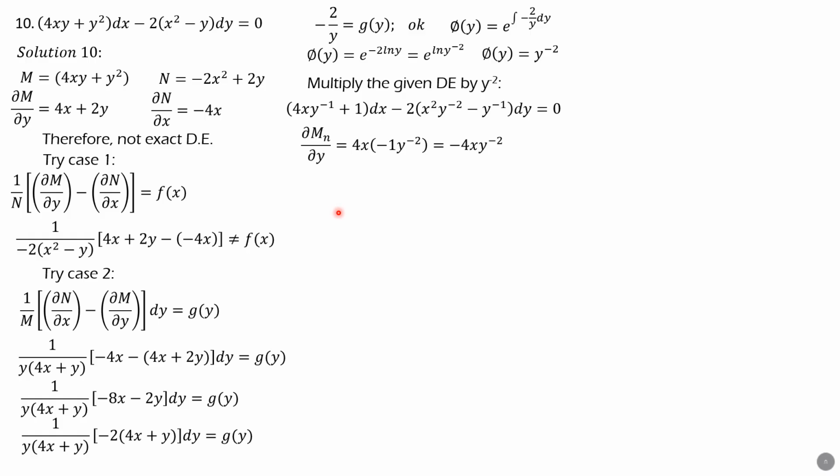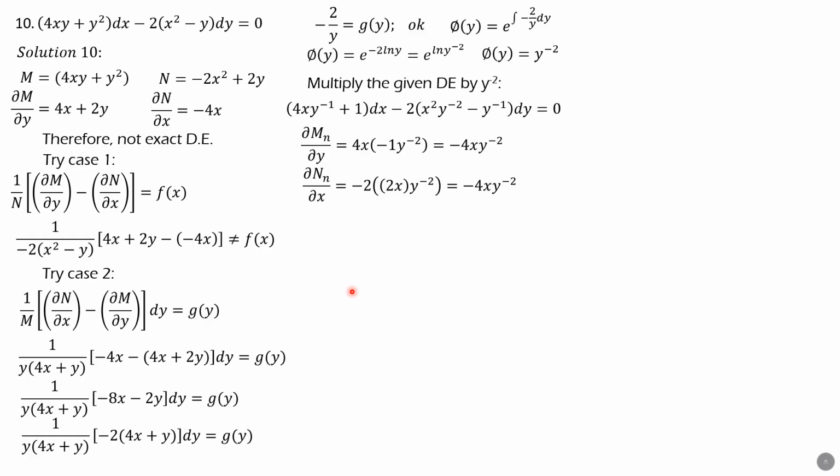Likewise, the partial derivative of N, this is the whole N, with respect to x is, copy the constants, negative 2, then 2x, because y to the negative 2 is treated as constant. So negative 2 times 2x times y to the negative 2, partial derivative of N sub n with respect to x. So negative 2 quantity 2x, y to the negative 2, and that is negative 4x y to the negative 2. So they are now equal.